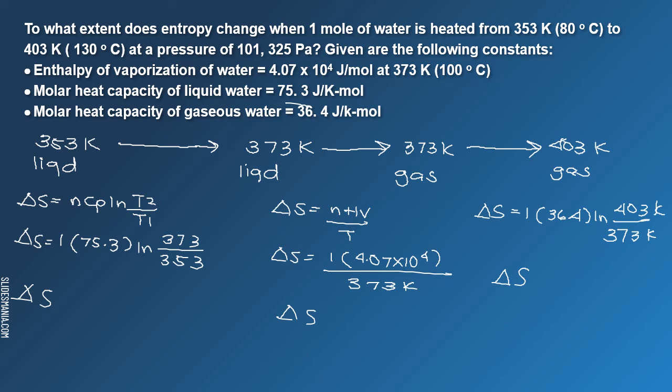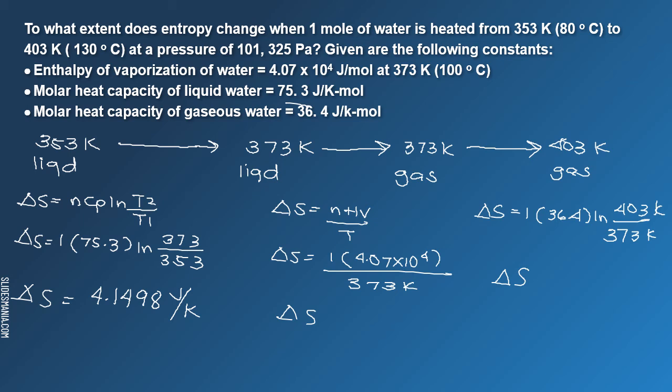So let's calculate for these values. For this first change, we have an entropy change of 4.1498 joules per Kelvin. For our second change over here, we have 4.07 times 10 raised to 4 divided by 373.